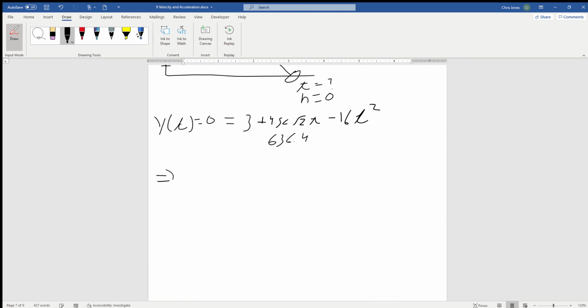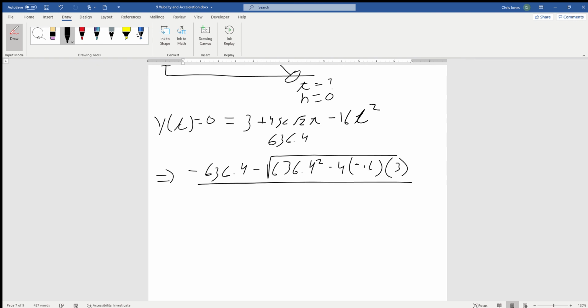So we're going to get the opposite of 636.4, minus the square root of 636.4 squared minus 4 times a, which is negative 16, times c, which is 3. And we're going to divide that by 2a, 2 times negative 16. And this should be plus minus. Give me a moment, I'll shove this into the calculator.